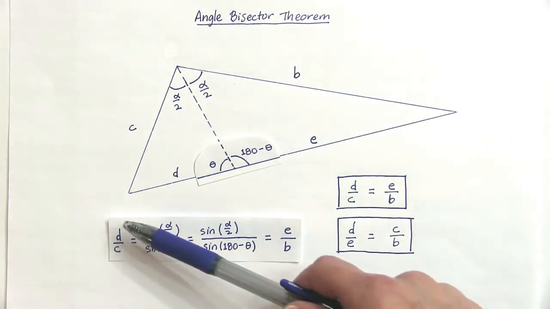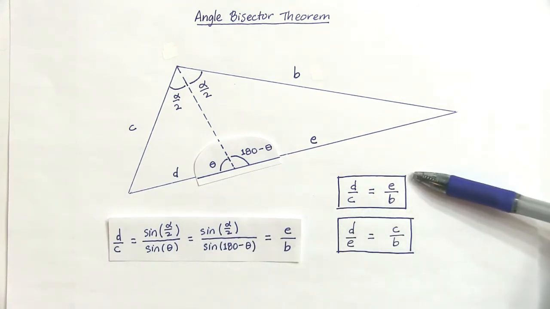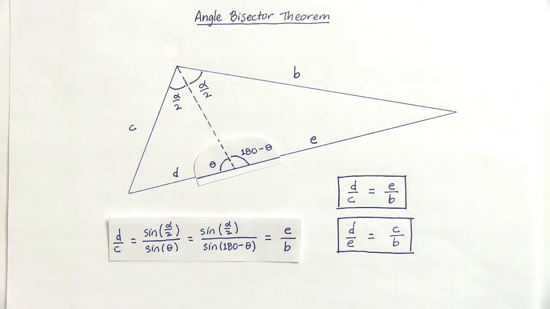And so we have D over C is E over B, and the claim is proved. And that's how the angle bisector theorem works.